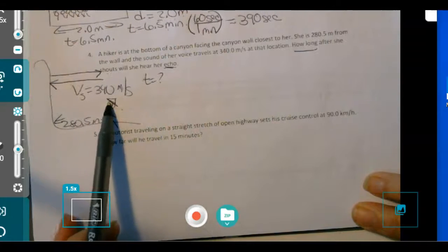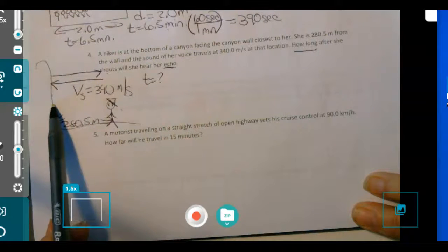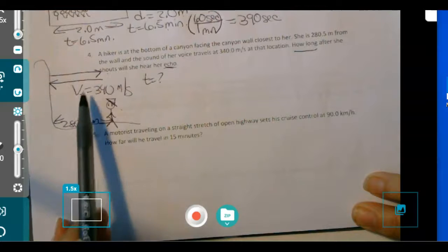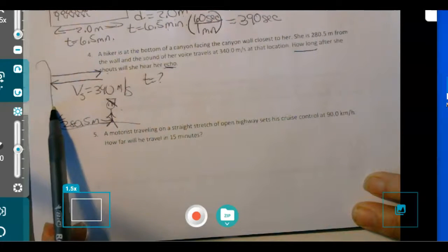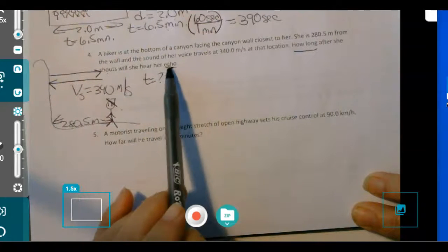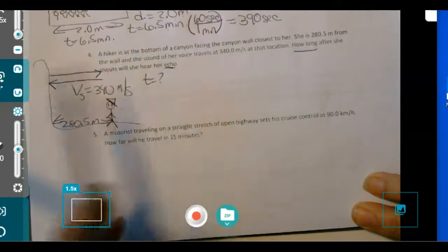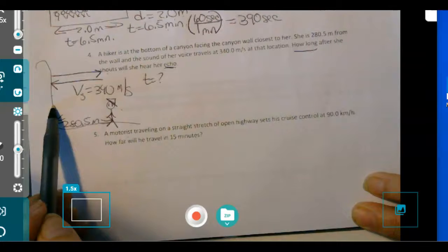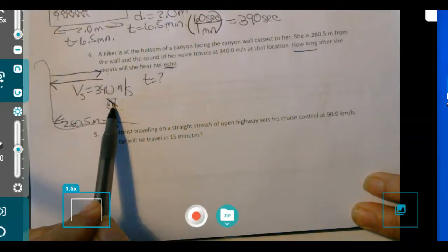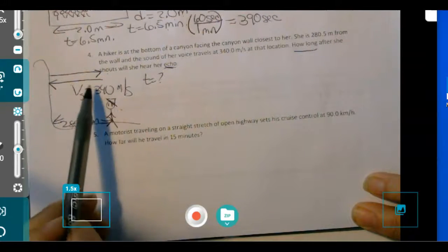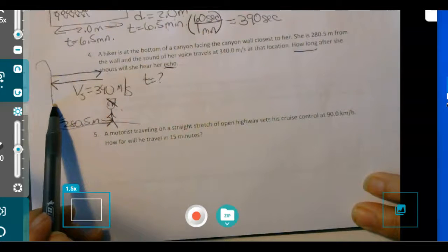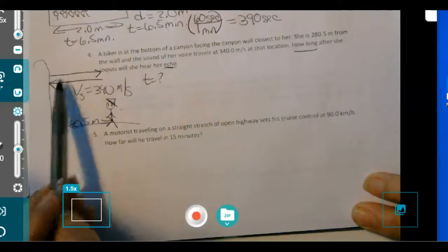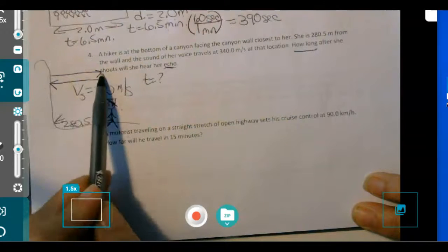Her voice is traveling to the wall. We have the distance and the speed. So we can find the time her voice took to get to the wall. But they're looking to see when she's going to hear the echo. So that means the sound has to bounce off the wall and come back to her ear for her to hear it. So we're going to find the time it takes to hit the wall, and then we're going to multiply it twice because it basically goes back.